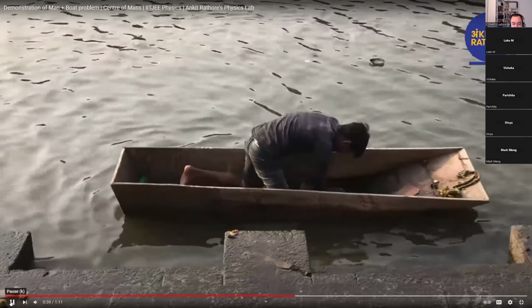The man has moved, and the boat has moved to the other side, which is quite cool. So two things are happening. The boat is moving backwards, but the man is moving forwards, but not as fast as you would think.